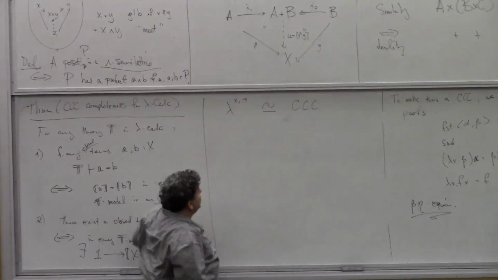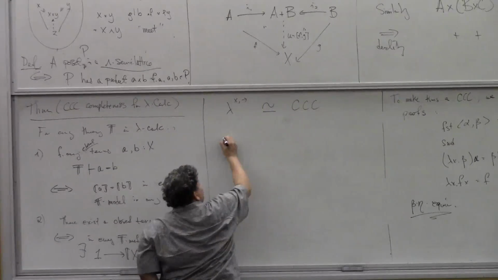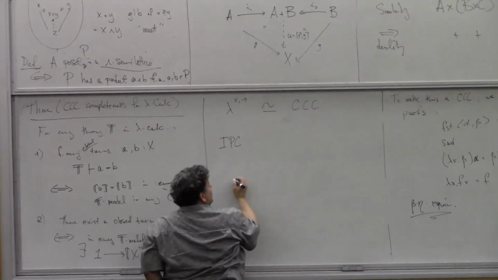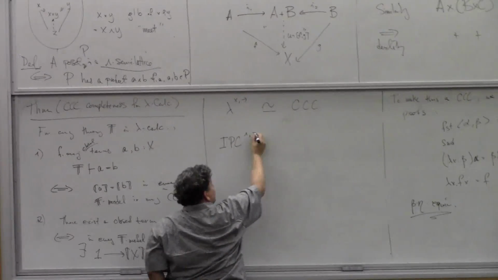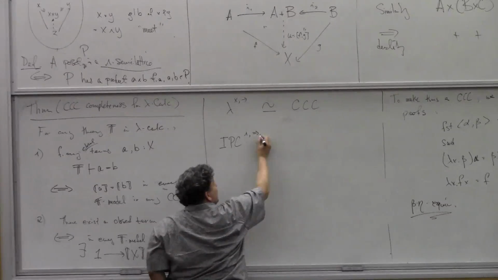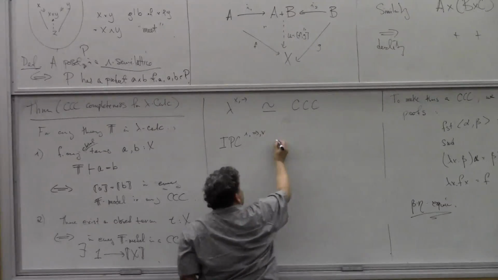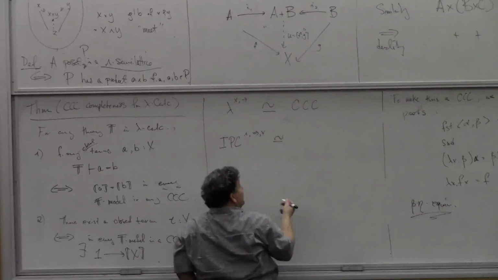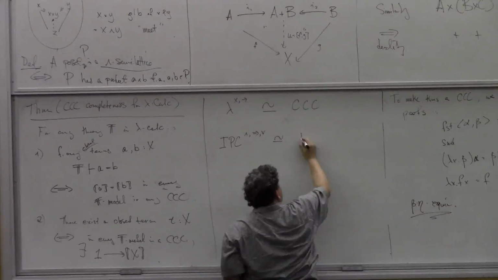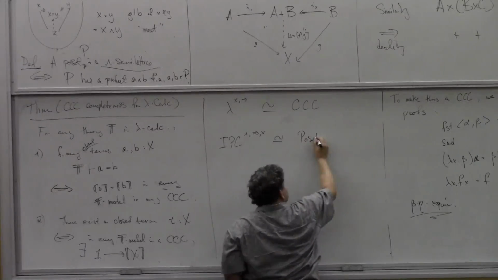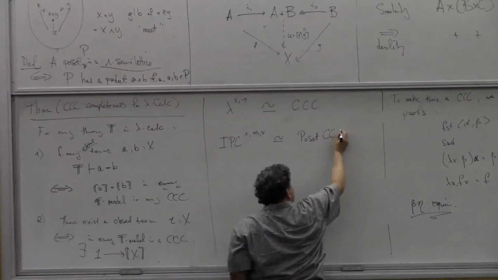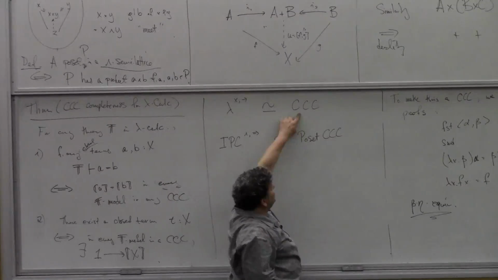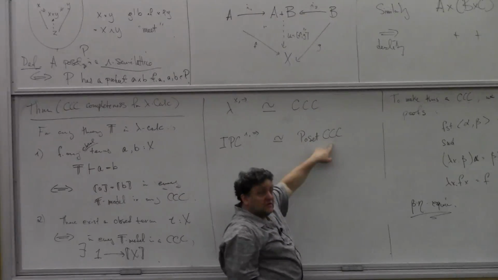We can do a similar thing here with the propositional logic itself, intuitionistic propositional calculus, say with conjunction, implication, even with disjunction, is going to be in exactly the same way equivalent to the notion of a poset CCC. Well, let's do it without the disjunction first. A poset CCC is just a Cartesian closed poset, right?